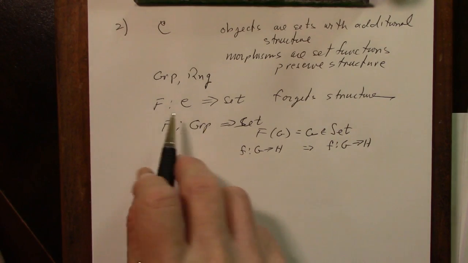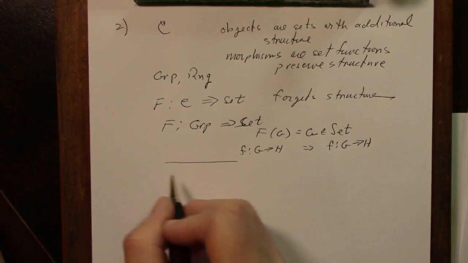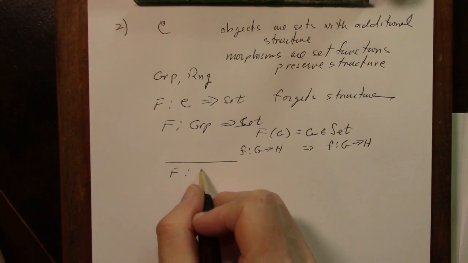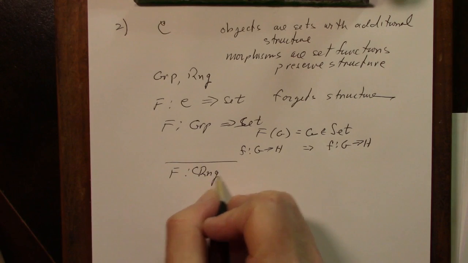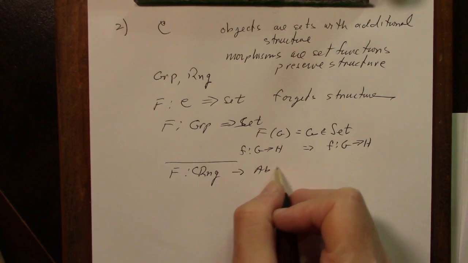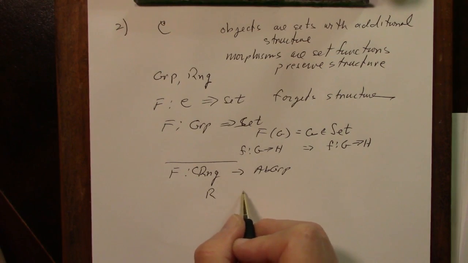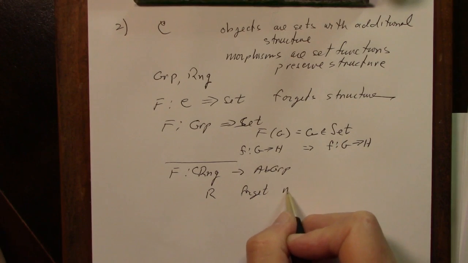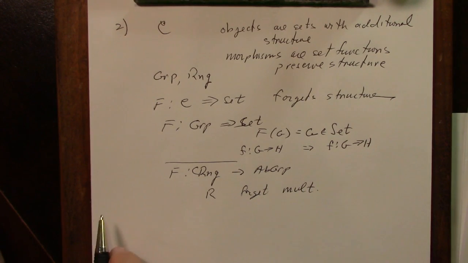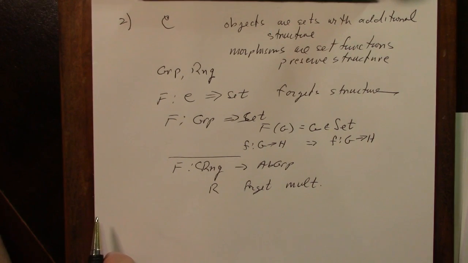You don't have to always forget everything. We could take a functor from commutative ring, or ring, to abelian group, where we take a ring R and we forget multiplication, but we retain addition, and so we think of a ring as an abelian group, an additive abelian group, and we think of a ring morphism as a group homomorphism of the abelian groups.